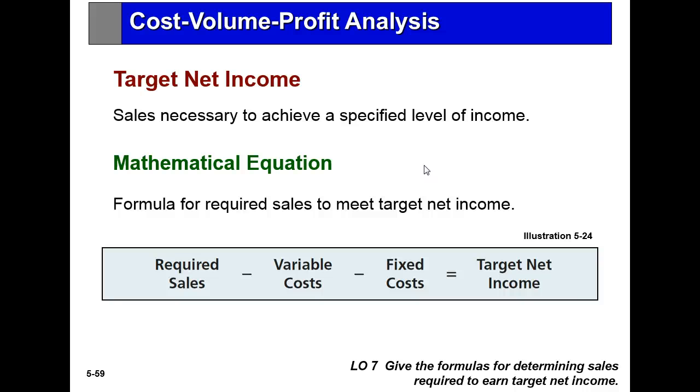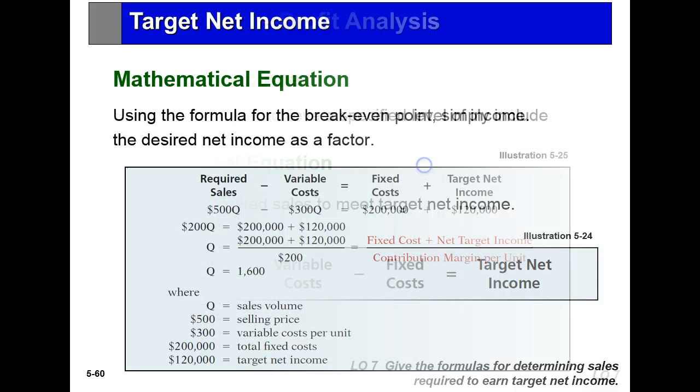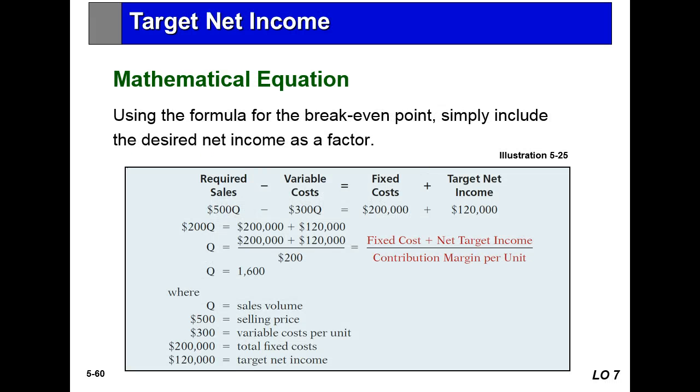So for example, in this equation, we can have a required amount of sales less our variable and fixed costs to determine our target net income. So, of course, sales need to be increased in order to determine that net income because the variable costs are going to be based on each unit and our fixed costs, of course, are going to be fixed within that relevant range.